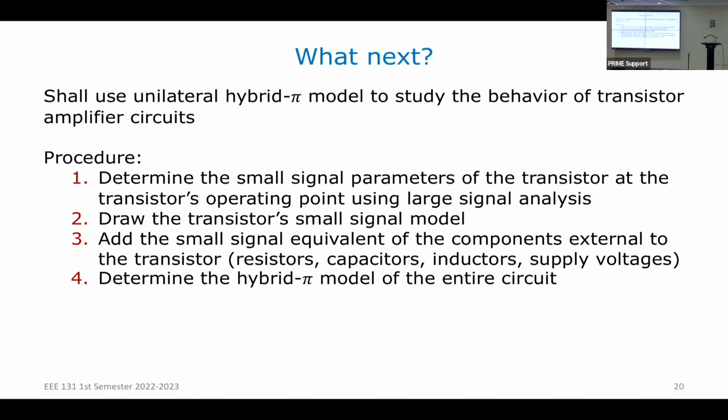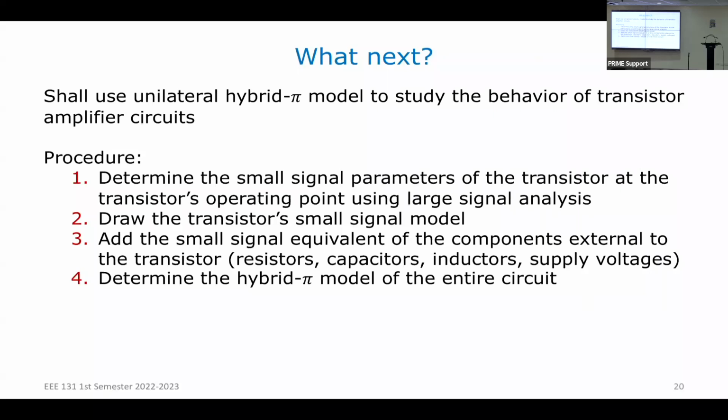First step, determine the small signal parameters of the transistor at the transistor's operating point, and we know that you have to do this using the large signal model. Because to get the small signal parameters, we need to know the Q point. To know the Q point, you have to use the large signal model.